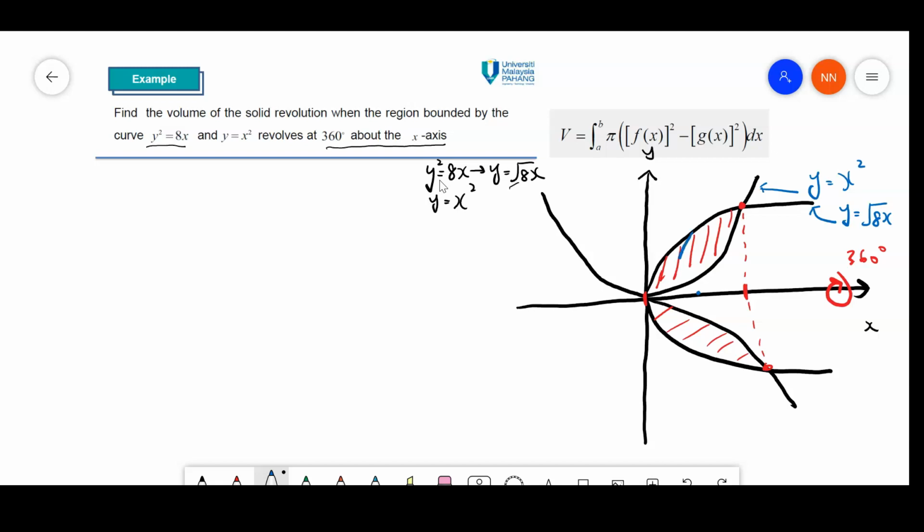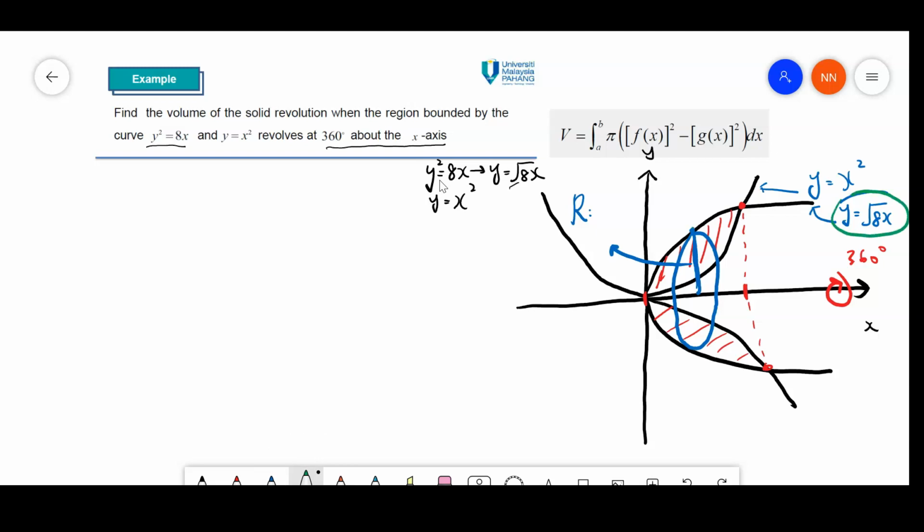So if I make the bigger circle here, so my bigger r or my outer radius is given by, okay, my outer radius touches the outside function here, which is defined by y equal to square root 8x here.